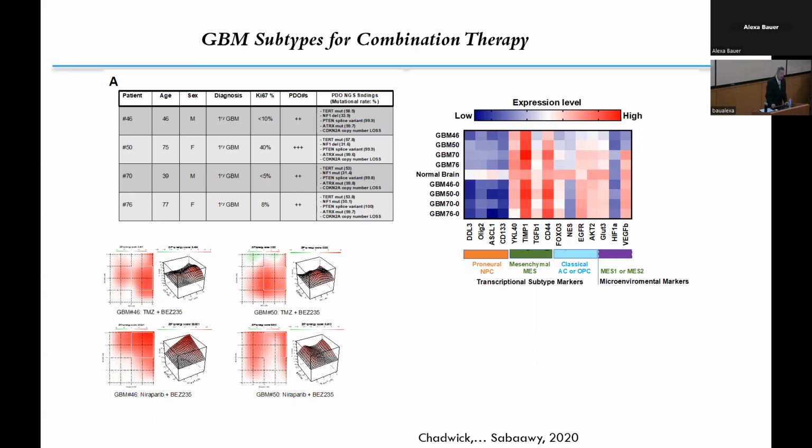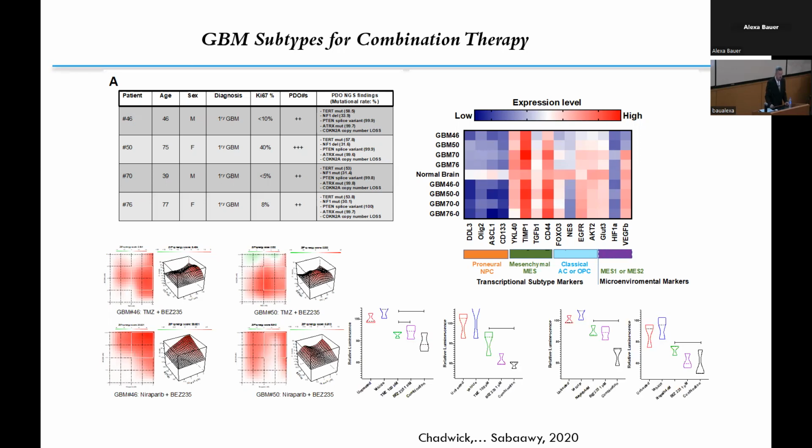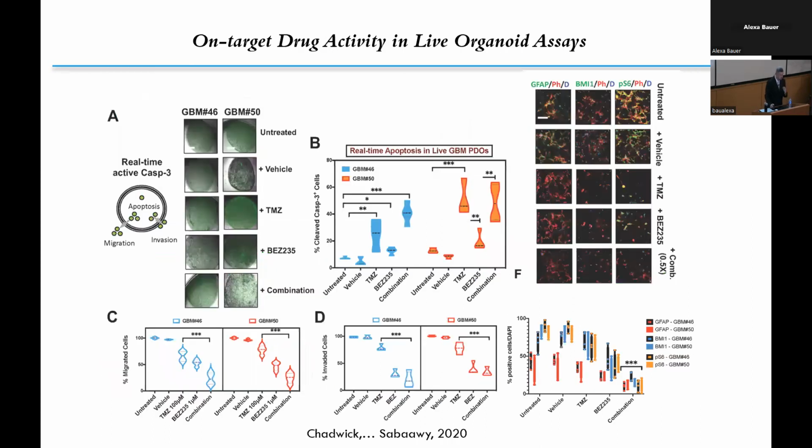So we developed these assays, and some of them are ongoing in the lab in trying to develop better targeted and combination therapy. And we do show that combinations are indeed much more effective than single therapy, no matter what the target is in these patient-derived organoids.